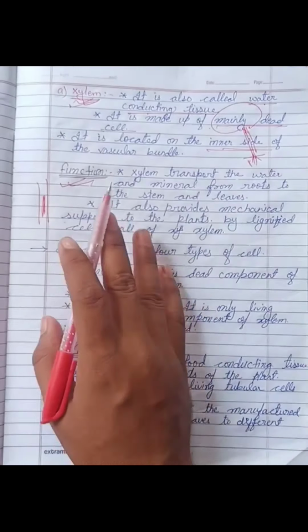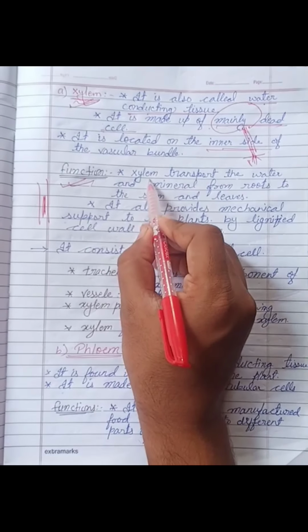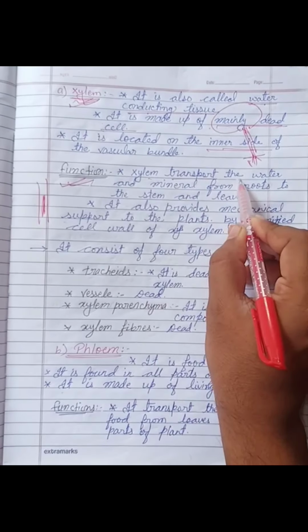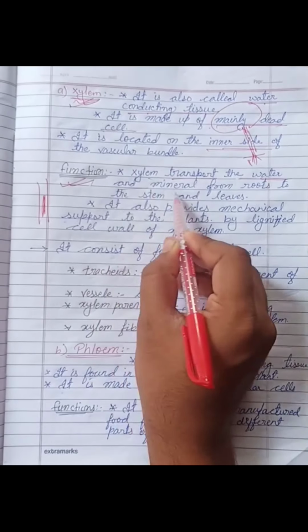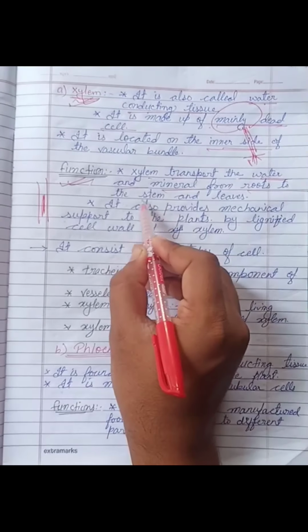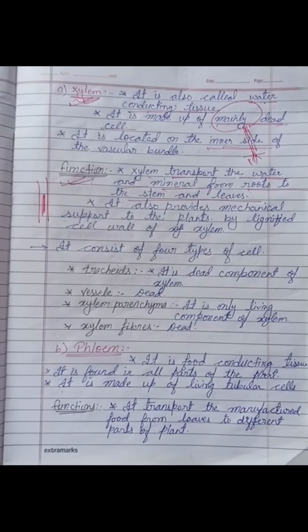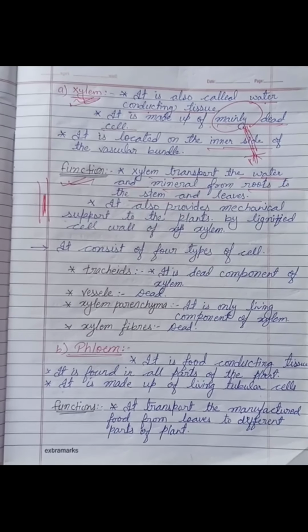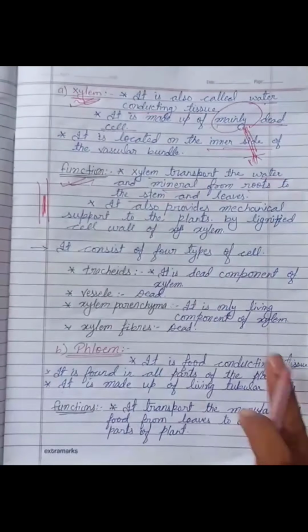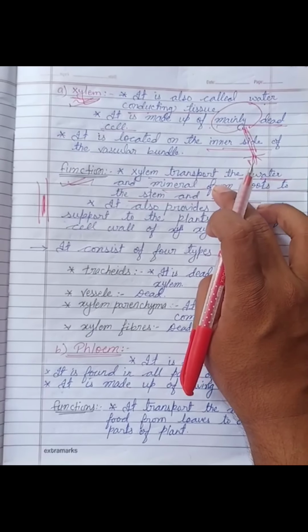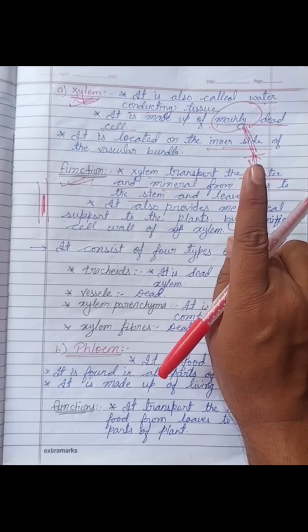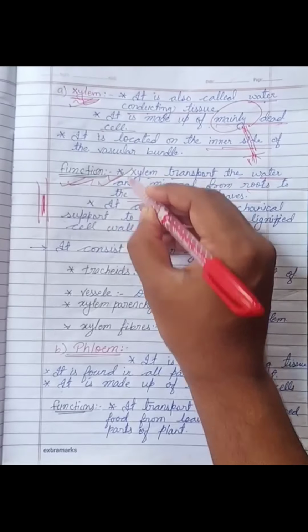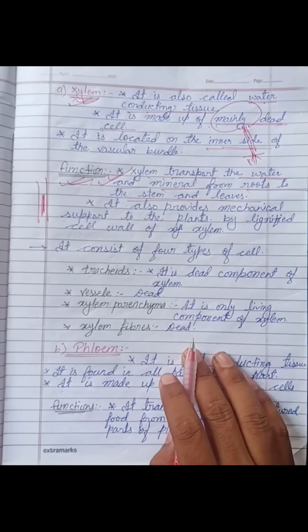That's why the first function of xylem is it conducts or transports water and minerals from the root to the stem or aerial part of the plant. It is the most important function of the xylem, and you have to remember one thing. If you remember one function of the xylem, you should remember this point.